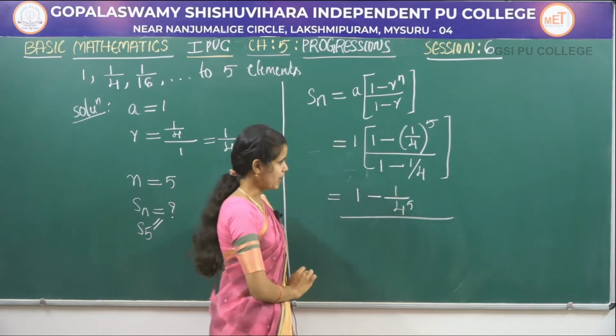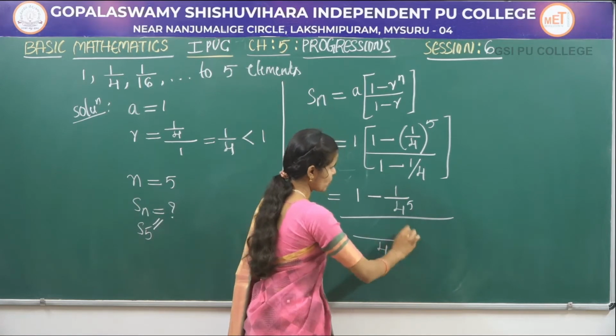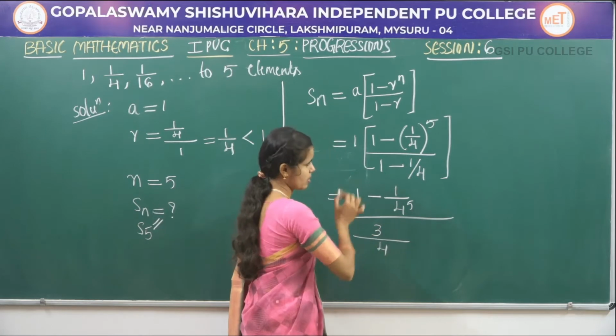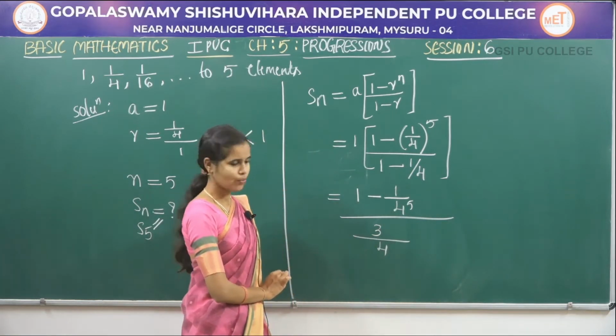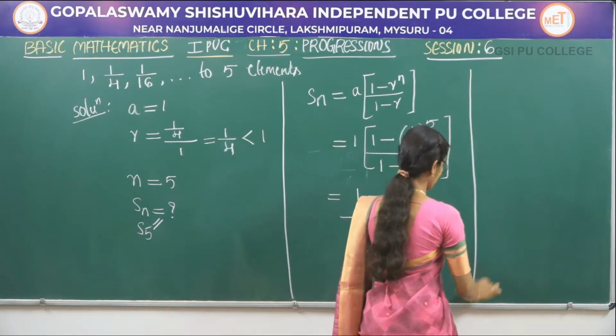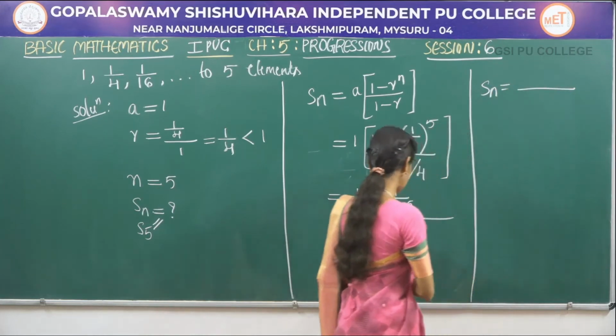Whole thing divided by, yes, subtract these two terms. So LCM is 4, 1 into 4, 4 minus 1, 3. So 1 minus 1 by 4 is 3 by 4. Okay. So next, therefore Sn is equal to, here subtract these two terms.